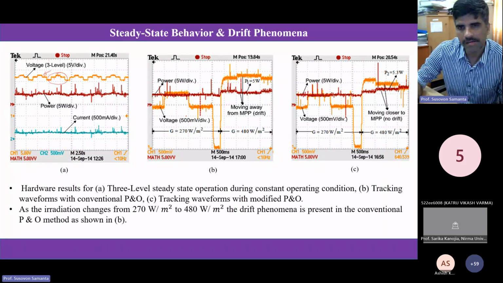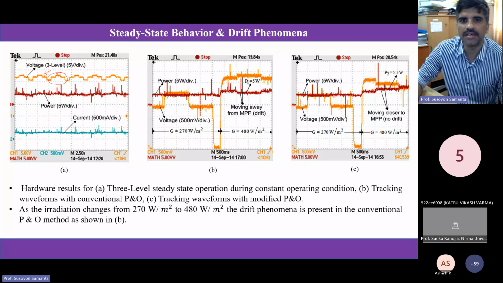Now, as I said, that drift problem. So say, for example, at this point, what is happening is your irradiation is changed.